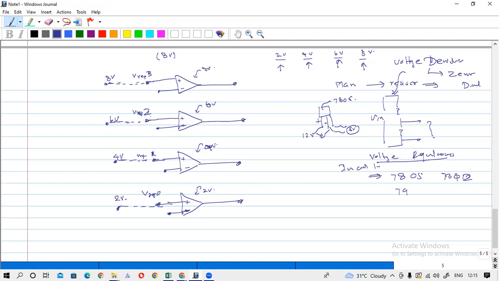And if it is 7809, you can get a 9 volt. And what is 79? Can you remember that? What is the 79? This will give you the minus voltage. So if it is 7905, this will give you the minus 5.